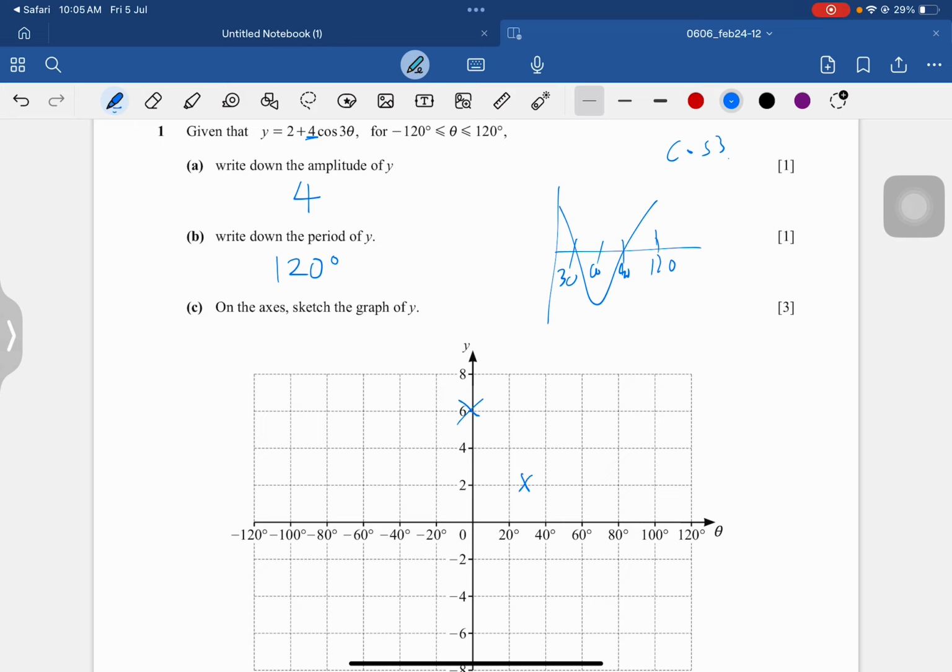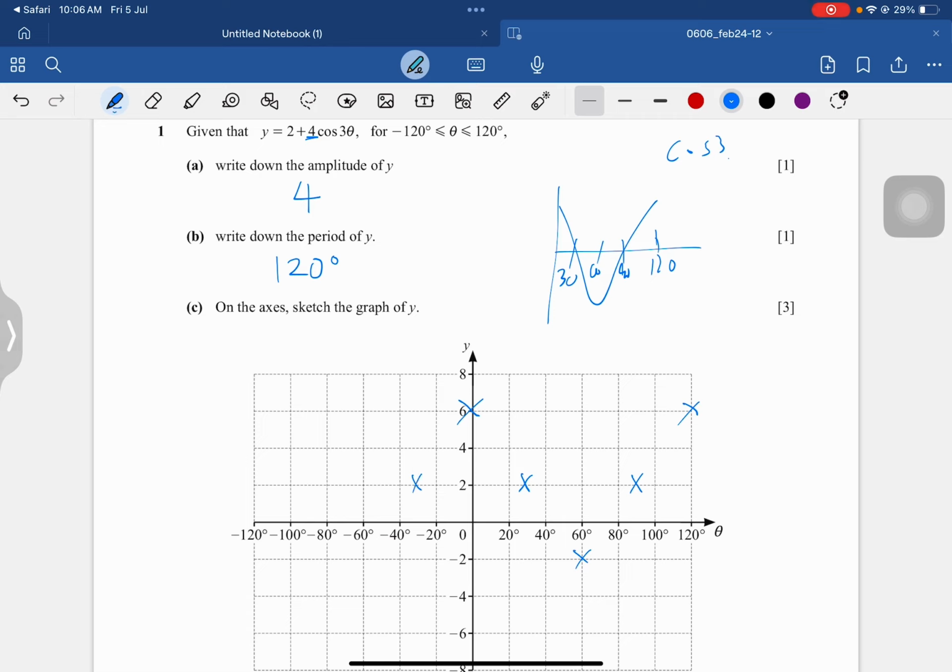60. 60 times 3 is 180. Cos 180 is minus 1. Minus 1 times 4, minus 4. Minus 4 plus 2, minus 2. At 90 degrees, it should have 2 here. And 120 is actually at the 6 here. It's a full cycle. And it should be the same for the other side as well. At minus 30 degrees, it's at 2 here.